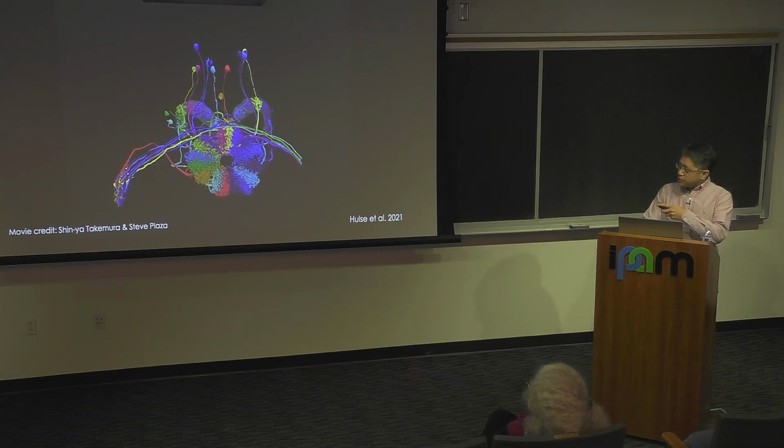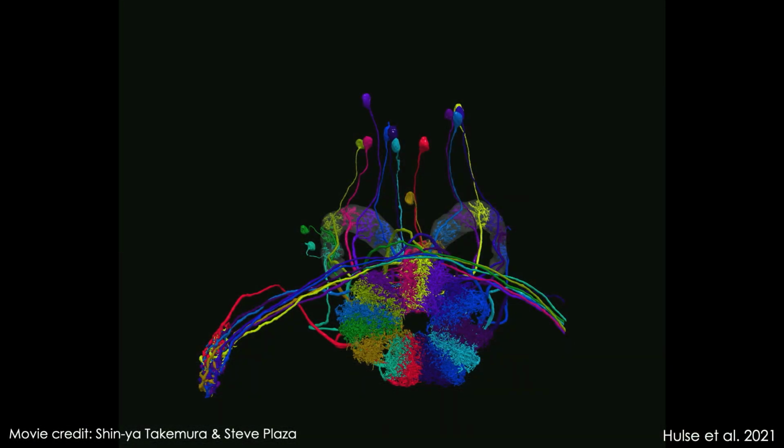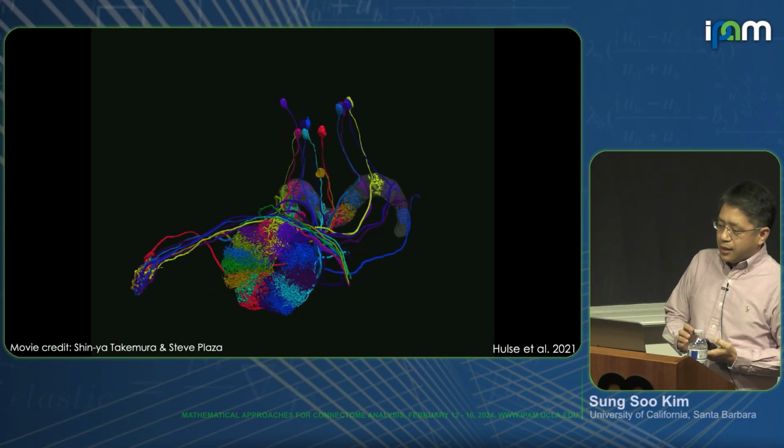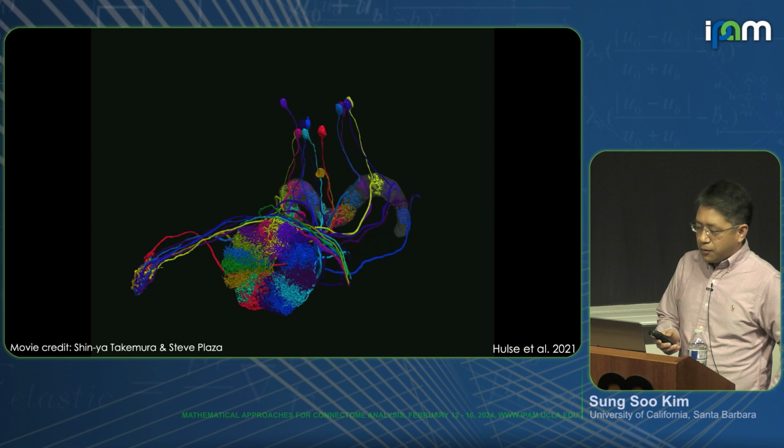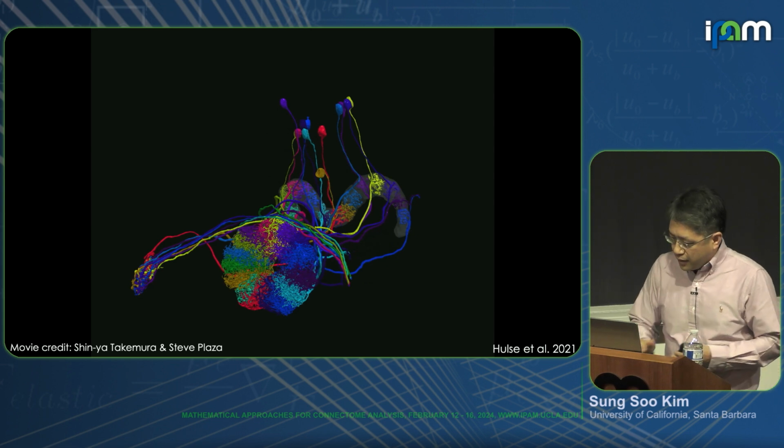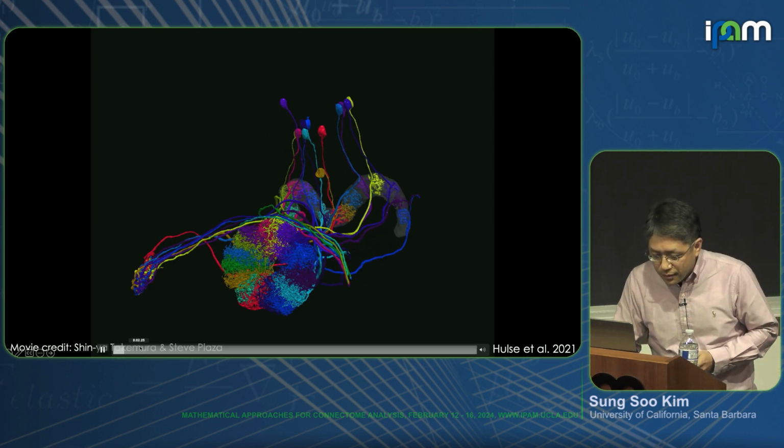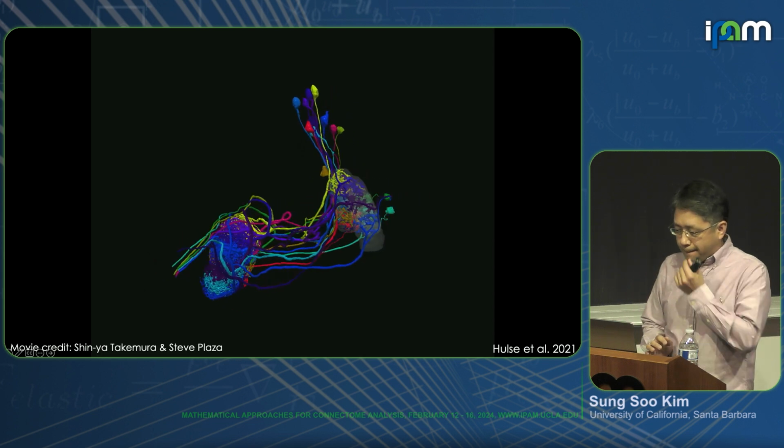And this is a result from the reconstruction effort at Janelia using hemibrain data. And what you are seeing is a collection of compass neurons, which, okay, it's not moving. Okay.